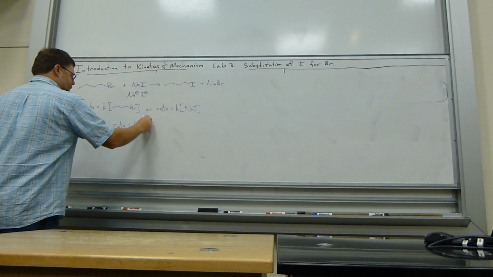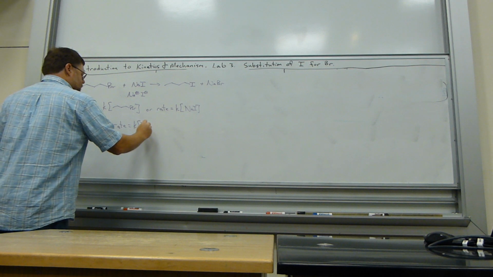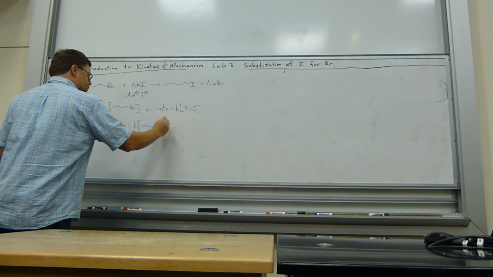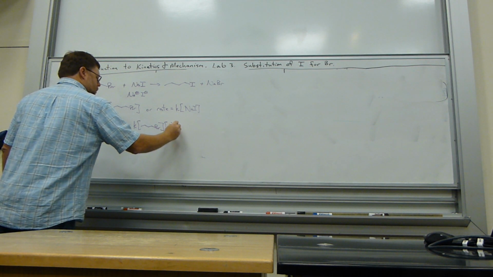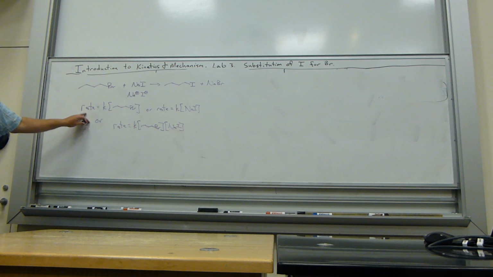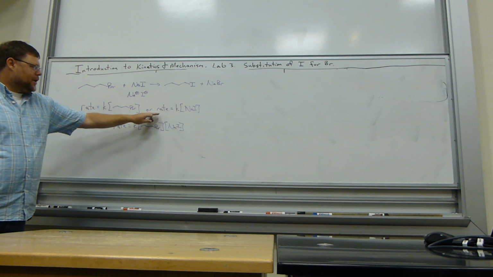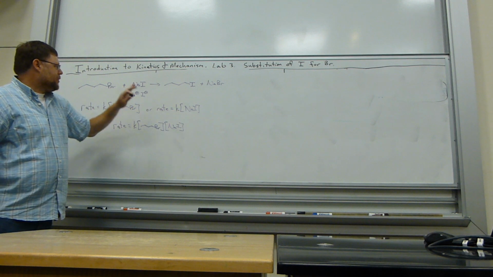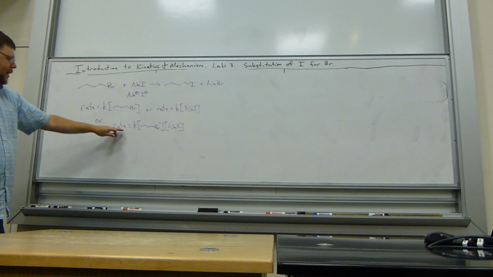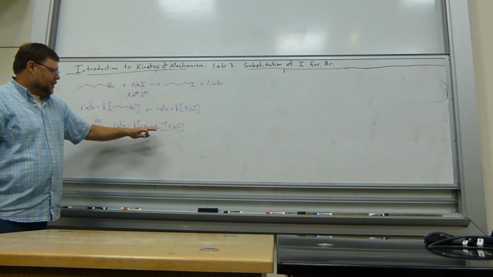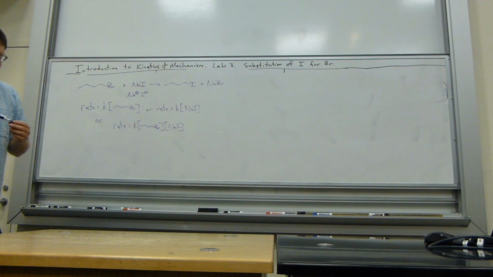Well, there are three possibilities, I guess. The rate could either be equal to the reaction rate constant times the concentration of butyl bromide, or equal to the rate constant times the concentration of sodium iodide, or equal to the rate constant times the concentration of butyl bromide and sodium iodide.